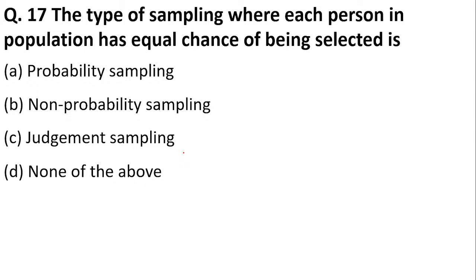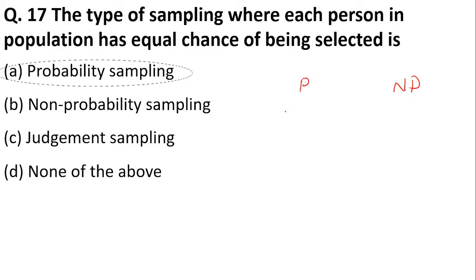The type of sampling where each person in population has equal chance of being selected is probability sampling, non-probability sampling, judgment sampling, or none of the above. So the type of sampling where each person in the population has equal chances of being selected is called probability sampling. Okay, I told you there are two types of sampling, probability sampling and non-probability sampling.